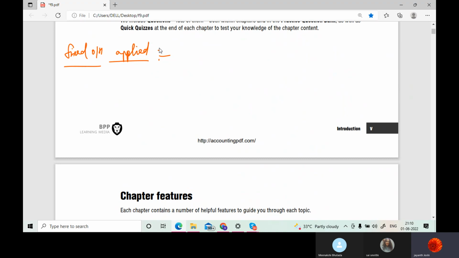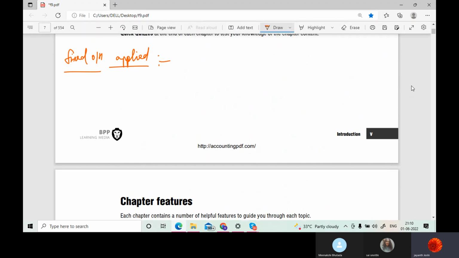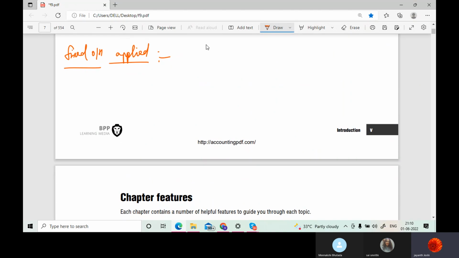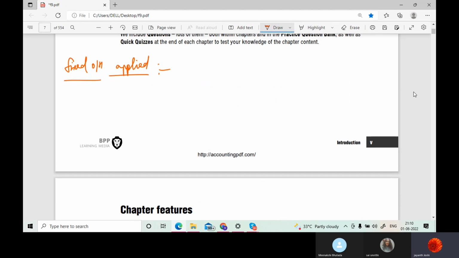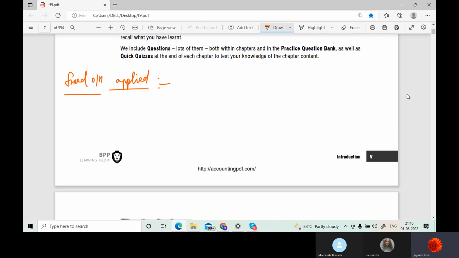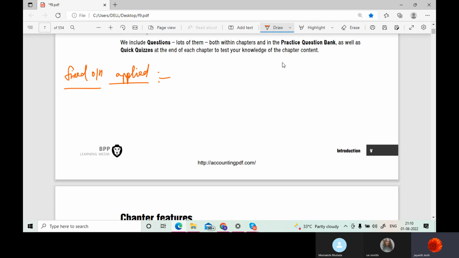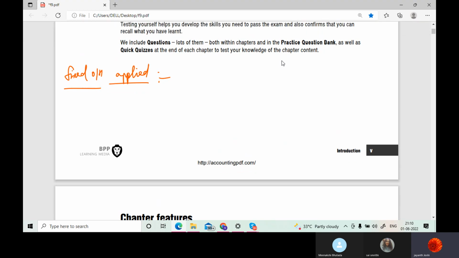So what is this fixed overhead applied? See, when you manufacture some product, there are some indirect costs you incur. Some of these can be manufacturing indirect costs, which are called manufacturing overheads, and there can be some administrative indirect costs.